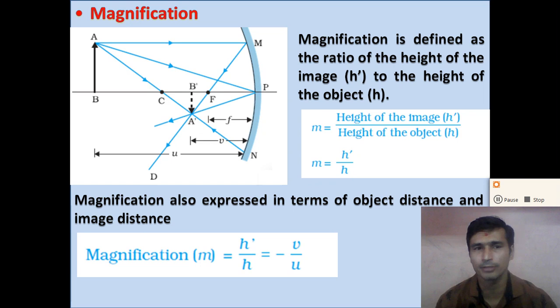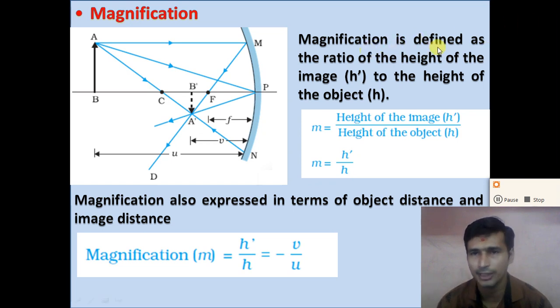The image of the object may be larger or smaller, right? So the image is larger than the object, or the image is smaller than the object. To what extent the image is larger or smaller, we can calculate with the help of the magnification.